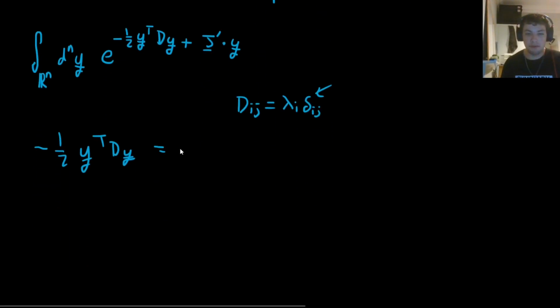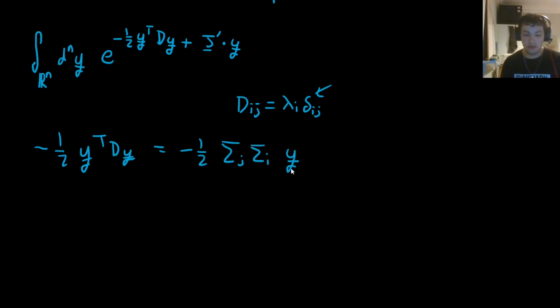And so we get minus 1/2 sum over j, sum over i, yj lambda i delta ij yi. Well, we can perform the sum over j, and this is just going to set j equal to i everywhere. That's minus 1/2 sum over i, yi lambda i yi squared.